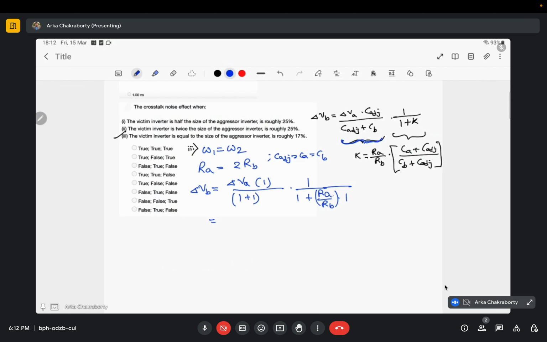So if RA equals twice RB, it will be 1 by (1 plus 2), so delta VA by 2 into 1 by (1 plus 2), so delta VA by 6. Correct? It comes around 16.66%, which is near 17%. So the third statement, that when the victim inverter is equal to the size of the aggressor inverter the crosstalk noise effect is roughly 17%, is true.